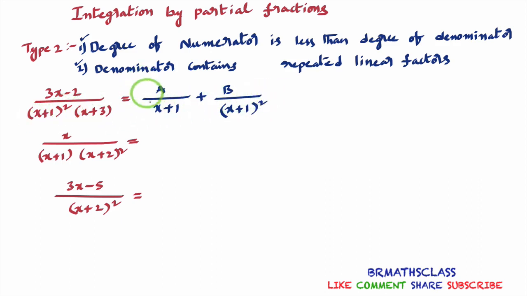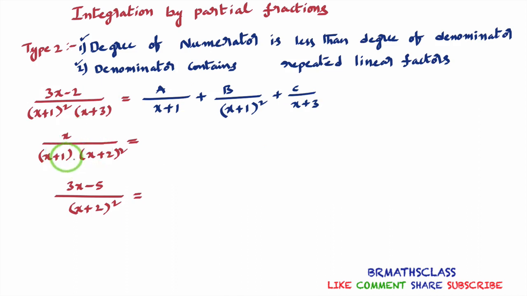For this, I wrote A divided by x plus 1 plus B divided by x plus 1 whole square. And another non-repeated linear factor is there. For that, we will write C divided by x plus 3. Once we write this rational function like this, we will simplify further to find the values of A, B, C.